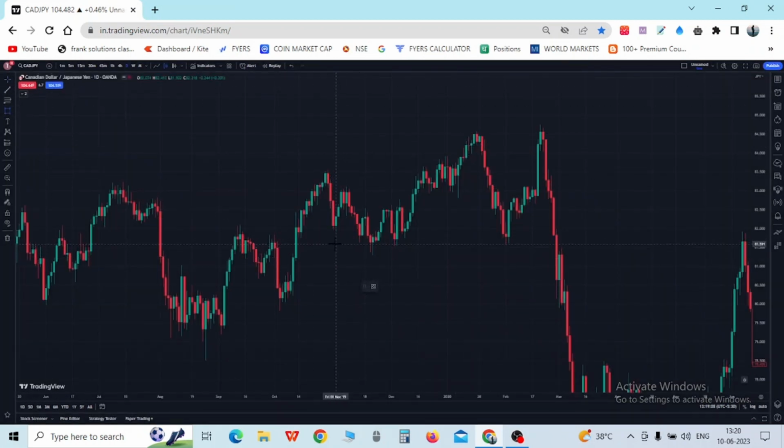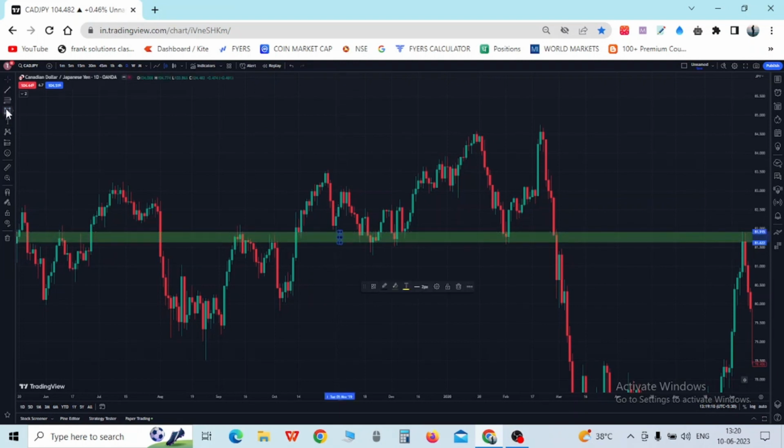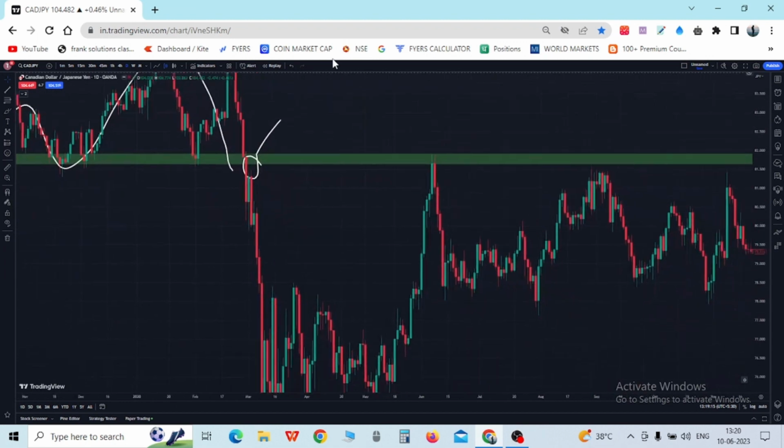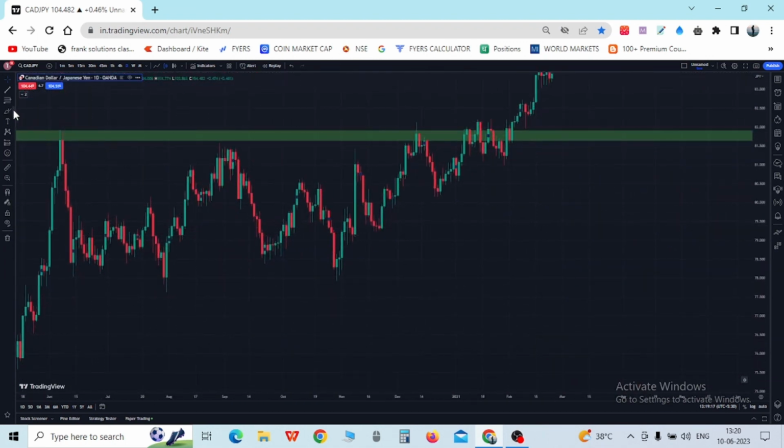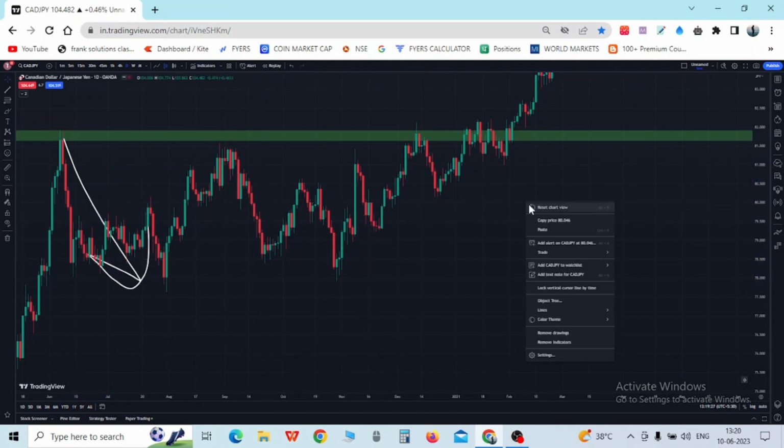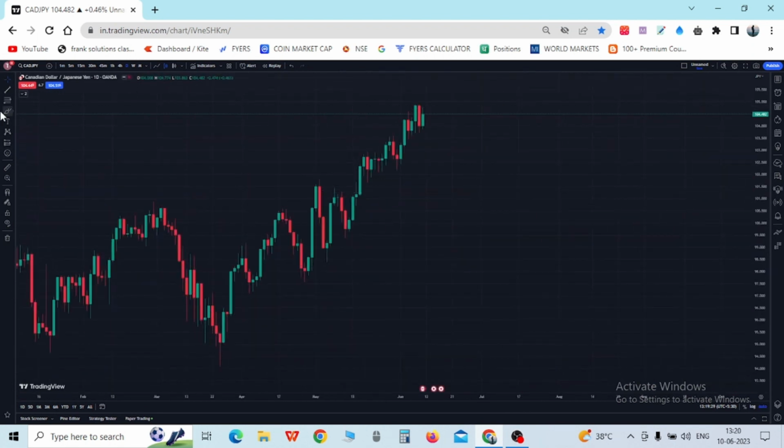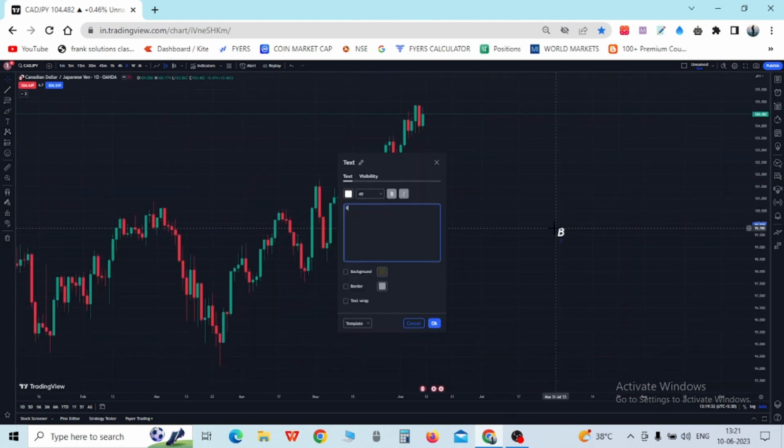Look at this. This was support, unmitigated, it doesn't touch it here. Price moves down from it. So the breaker combined with the SRF in itself is a very great support and resistance. Now the third thing was break of structure, which is very easy to understand.